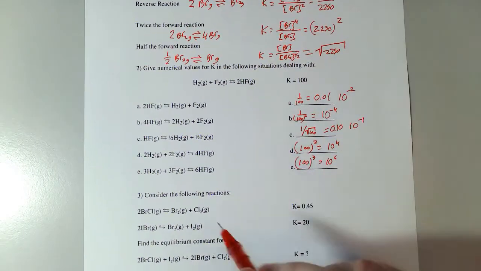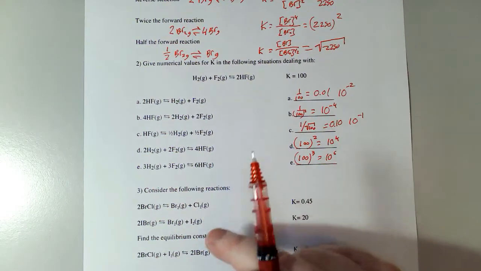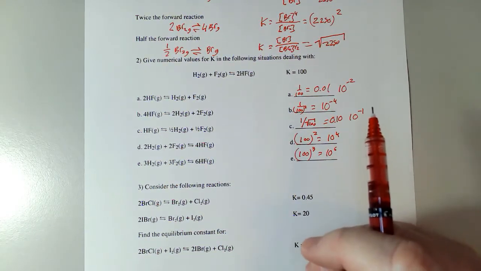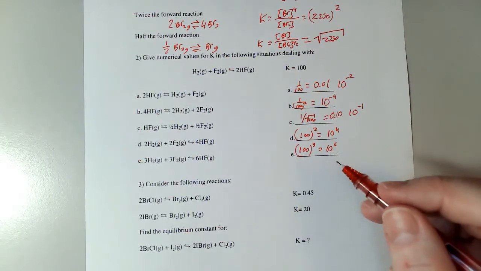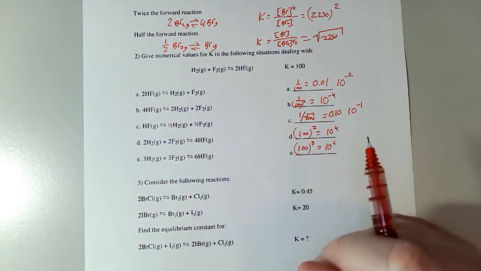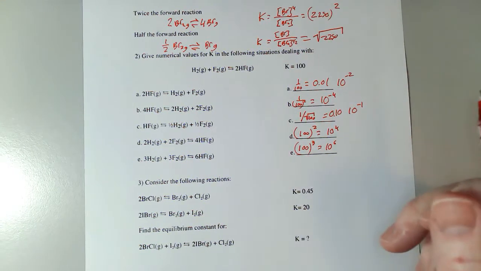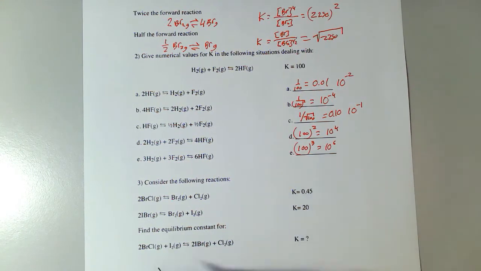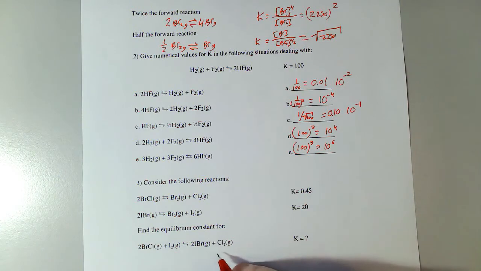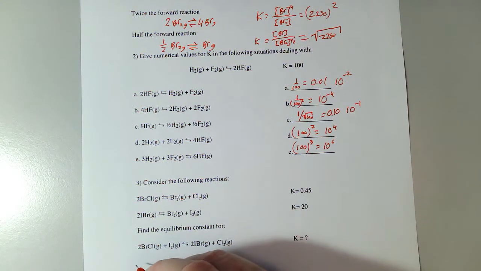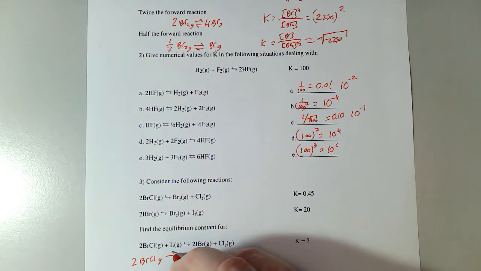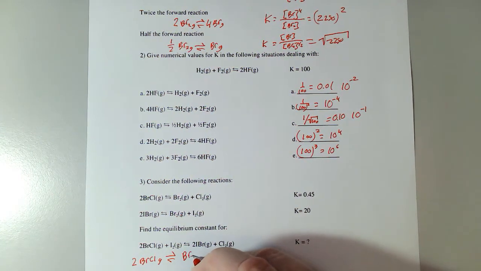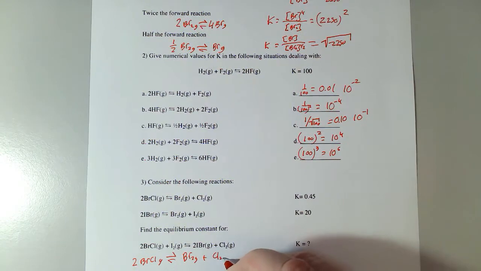So now we have to consider if we have a system of 2 equations, and what's going on here. Well, when you add 2 equations together, you multiply their Keqs. So here in this one, I want this first equation, 2 BrCl gas gives me Br2 gas and Cl2 gas.